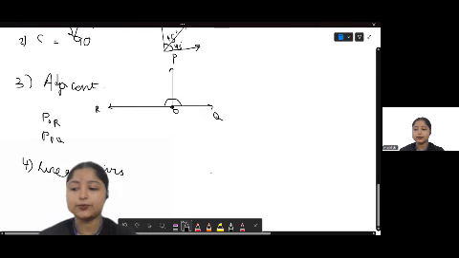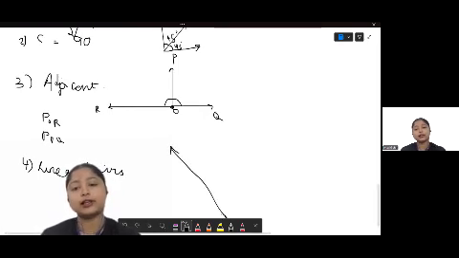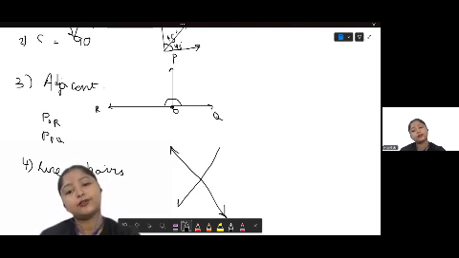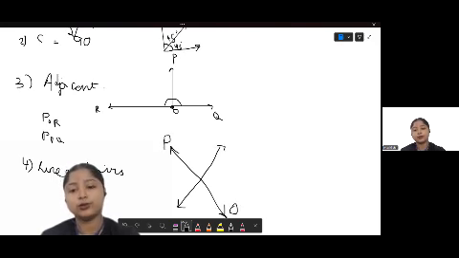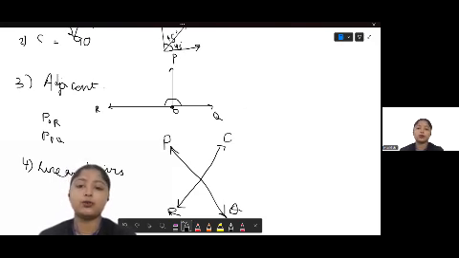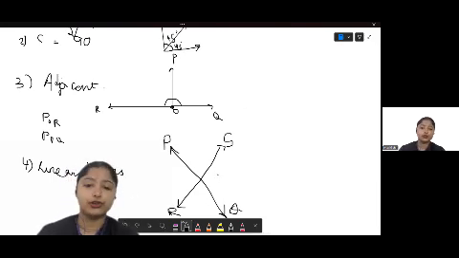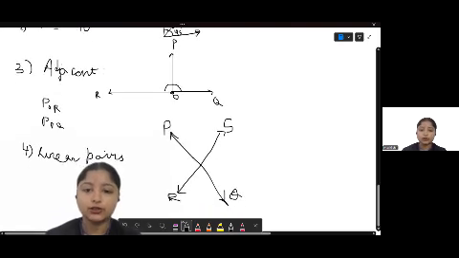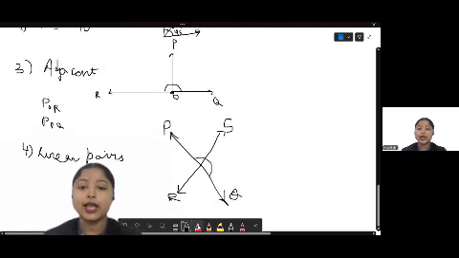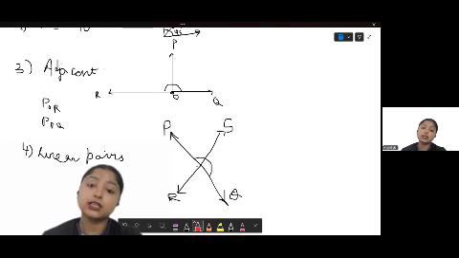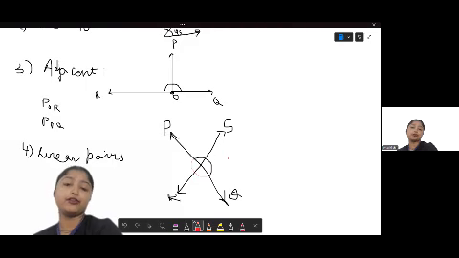Non-common sides means, for example, I have two angles, let's say angle PQR. We have these points P, Q, R, S. Now you see that PQ is a straight line, so they should make 180 degrees, right? And SR is again a straight line, so they should also make 180 degrees, right?